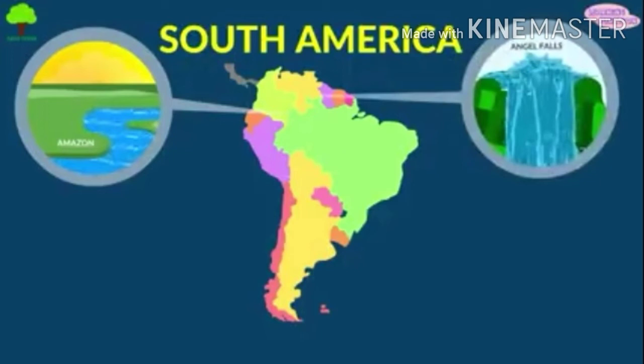The Amazon rainforest is the world's largest rainforest and is also called the lungs of the world. The world's highest waterfall, Angel Falls, is in South America. The Atacama Desert, the driest place on earth, is also in this continent.